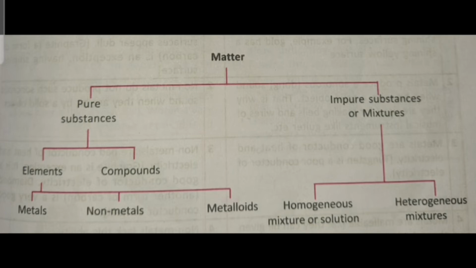These are the two main classifications of matter. You may wonder how a particular matter can exist in three different states, like solid, liquid and gaseous. But there are certain classifications on that.